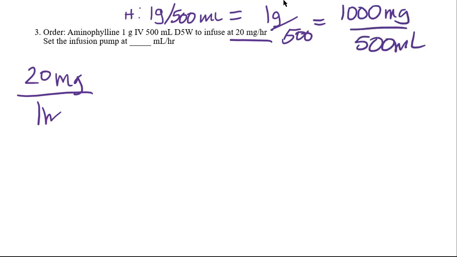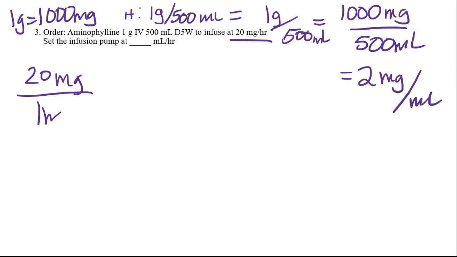Okay, and to see that, remember that 1 gram is equal to 1,000 milligrams. Okay, that's the conversion factor. So we take 1 gram over 500 and we get 1 gram or 1,000 milligrams over 500. You could actually just simplify that and say 2 milligrams per ml. This is easier to do. We kill that. 10 divided by 5 is 2. It's easy.